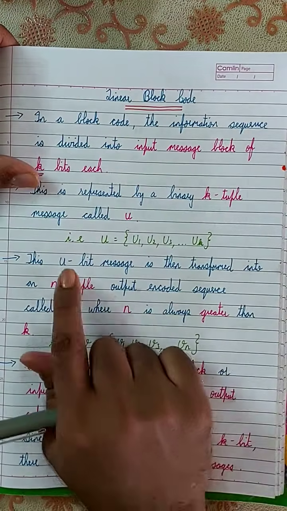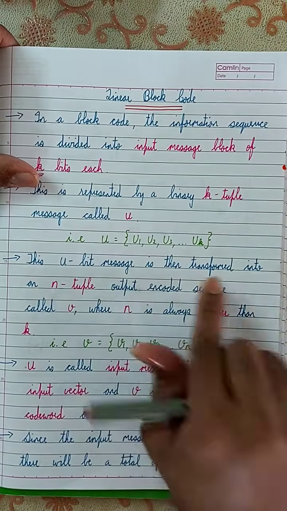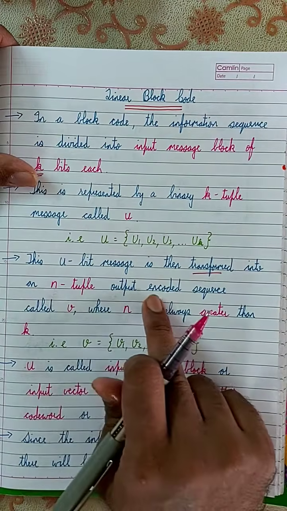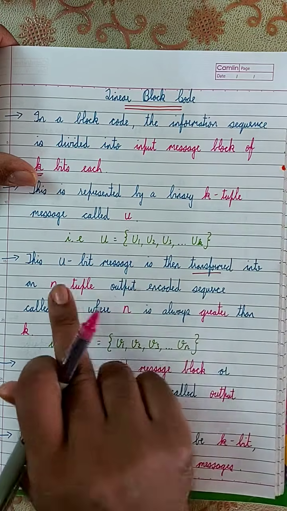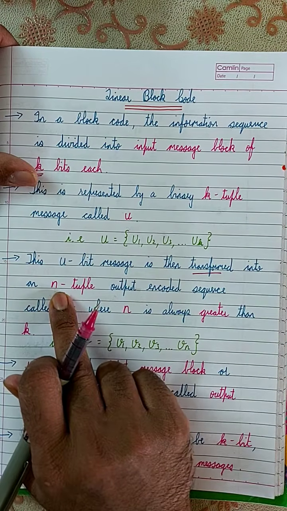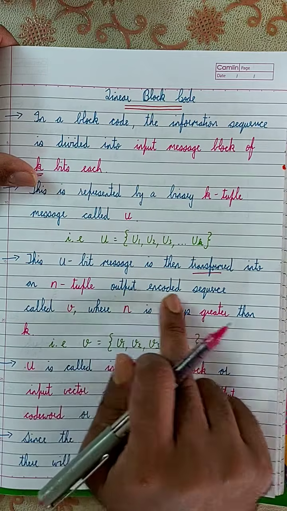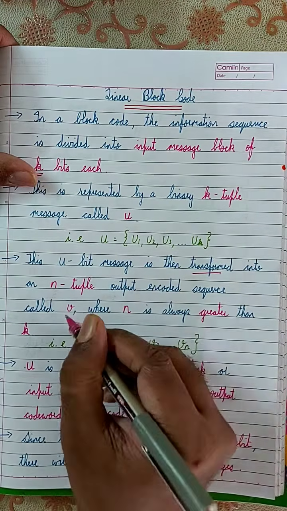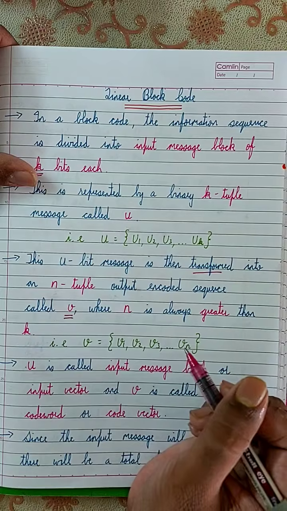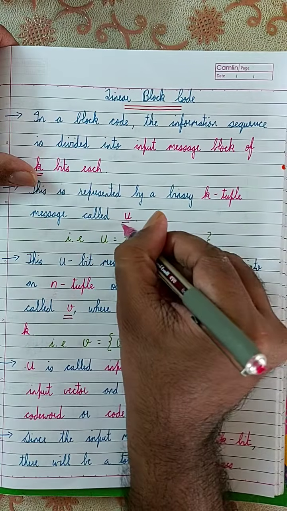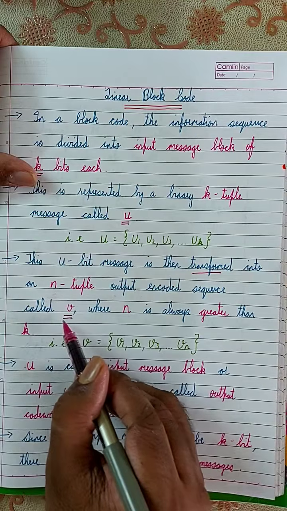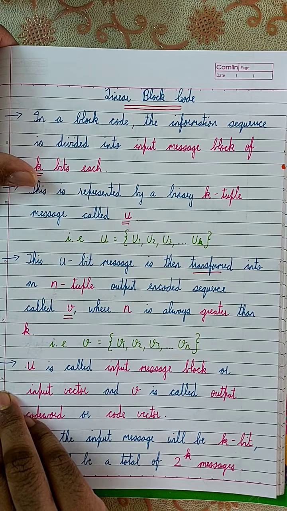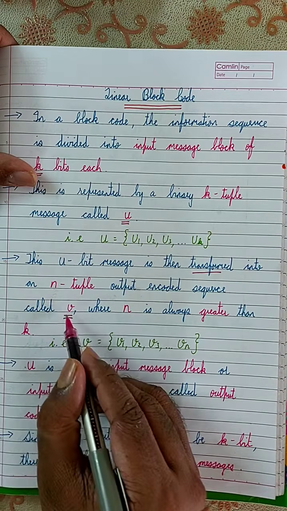The k-bit message u is then transformed into an n-tuple output encoded sequence, where n is the number of output bits. This n-tuple output encoded sequence is represented by the letter v. Just as u represents the input message, v represents the output code word or encoded sequence, and the length of v is n.